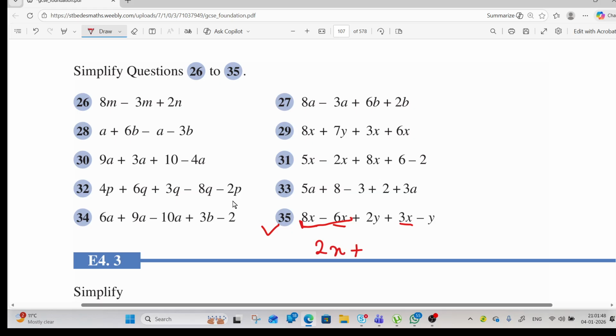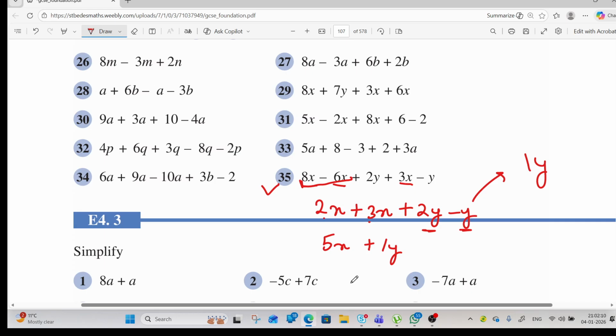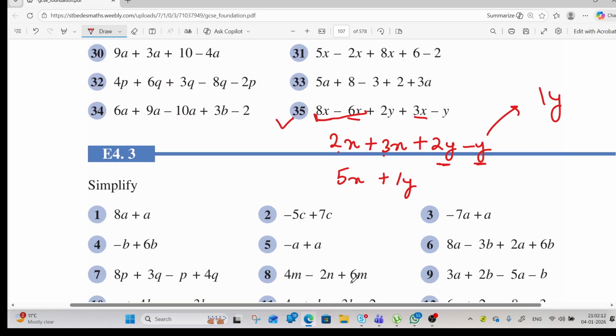Then plus 3x is there, and then I write this 2y and minus y. So 2 plus 3 is 5x, and these two are a pair of like terms. So 2y minus y, y means 1y, so 2 minus 1 is 1. So you get 5x plus 1y, right? Clear?